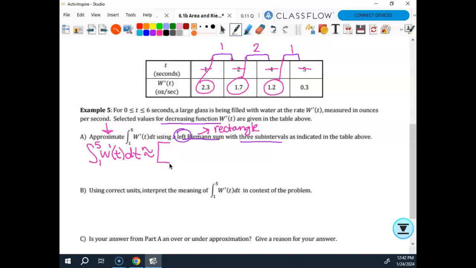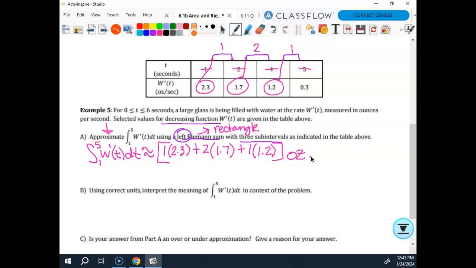So I'm going to do 1 times 2.3 plus 2 times 1.7 plus 1 times 1.2. What are my units? Ounces. Easy enough? We good on that?